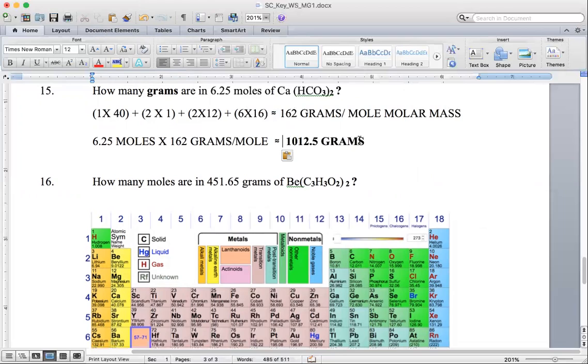And now we're done, right? Due to rounding, we have about 162 grams in each mole of calcium hydrogen carbonate, and we have 1,012 grams in a sample that contains 6.25 moles of calcium hydrogen carbonate.